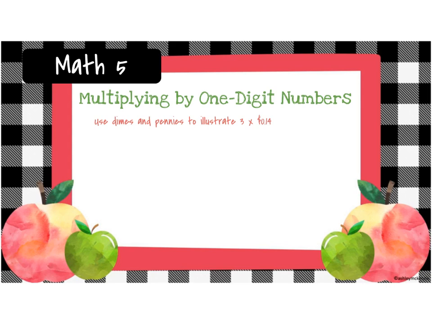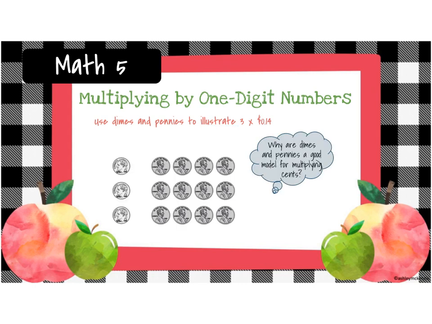Okay, here's another one. This time, it's wanting you to use dimes and pennies to illustrate 3 times, what does that say? 14 cents. Okay, so on your whiteboards, I want you to illustrate using dimes and pennies. 3 times 14 cents.